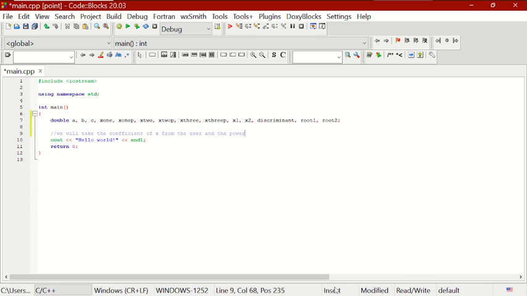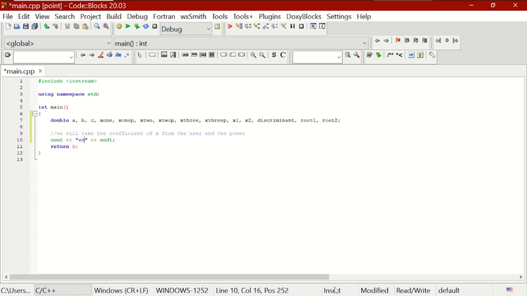Now let's make this a straight language. The next thing we can do right here is cout.